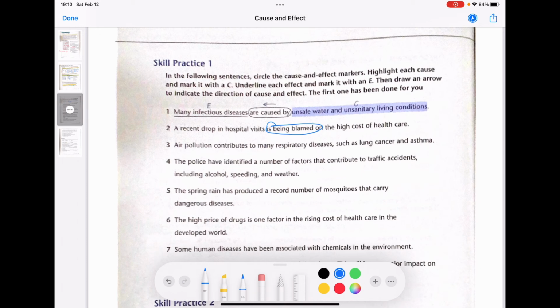Well, what had to happen first was that the cost of healthcare had to be high, right? If people thought the cost of healthcare was too high, they're not going to come to the hospital anymore. So that's what happened first. That's going to be our cause. And what happened second? The recent drop in hospital visits.